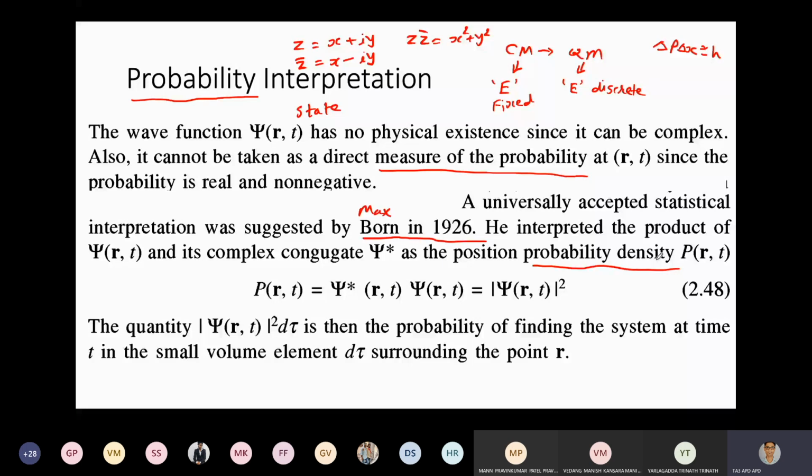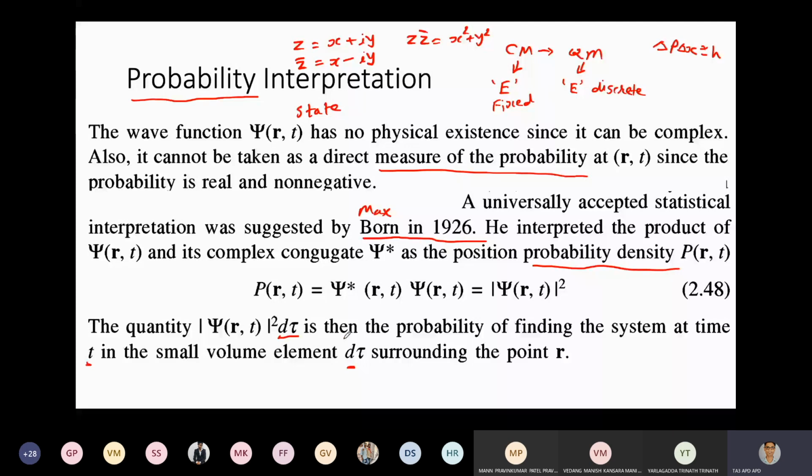So if you want to know the probability, then I need to multiply it by the volume of the system. If you multiply it by a very small volume element d tau, so modulus psi squared into d tau, it represents the probability of finding the system in a given volume element d tau at a given time t. And where exactly are you finding it?